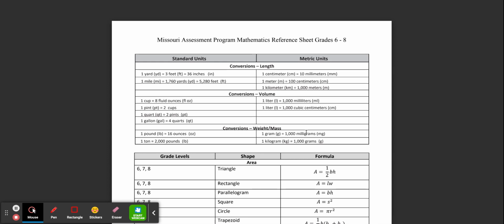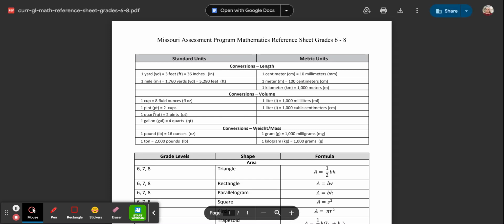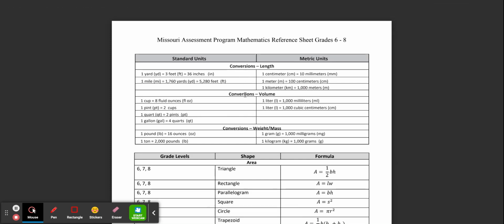Basically, milligrams are the smallest, then grams, and kilograms are the biggest. That's why you see grams mentioned in two places. So that's how you use the conversion sheet. It just gives you the unit conversions, but then sometimes you may have to multiply the numbers you have in order to let the conversions help you in whatever problem you're working on.